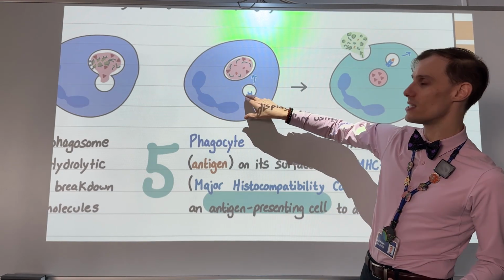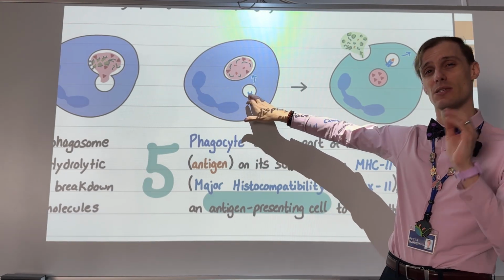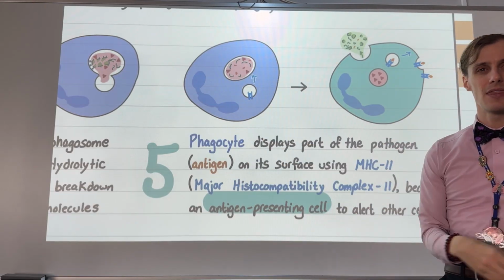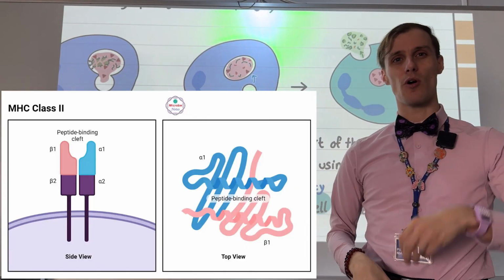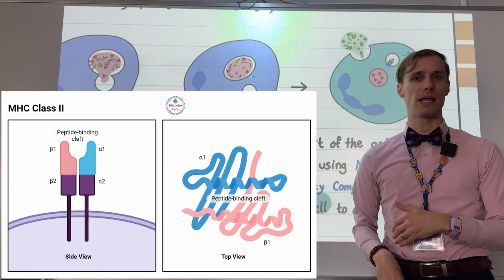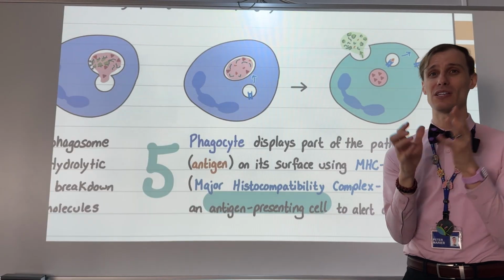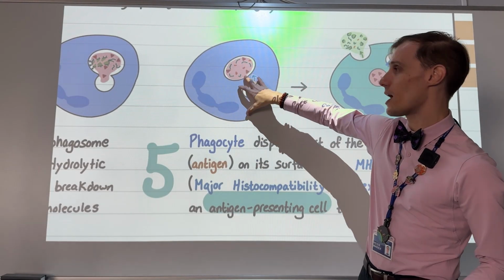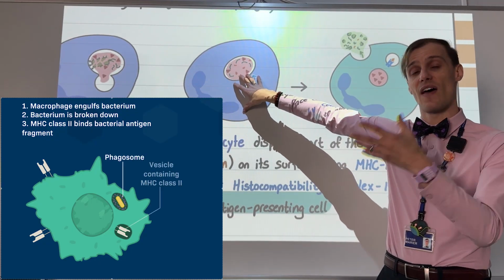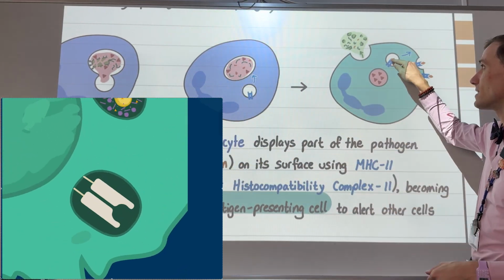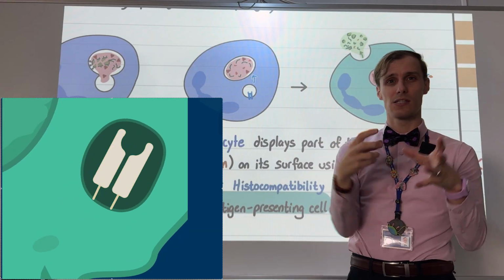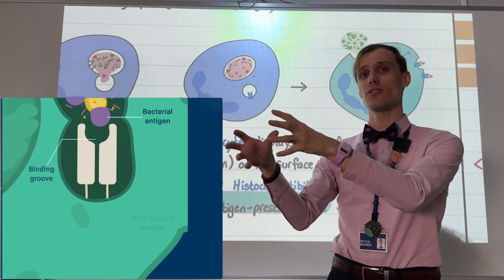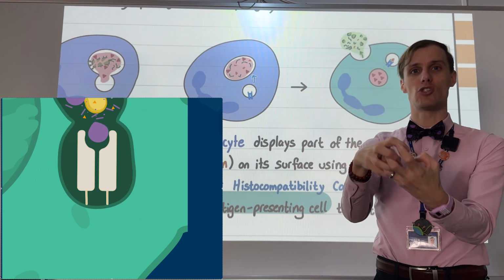What they're going to do is another vesicle that contains a very special receptor is going to come into play. And this is called MHC2, or Major Histocompatibility Complex 2. This receptor is very, very key, because it's going to fuse with this phagolysosome, take some of those antigens, some of those surface markers on the pathogen, and bind to them.